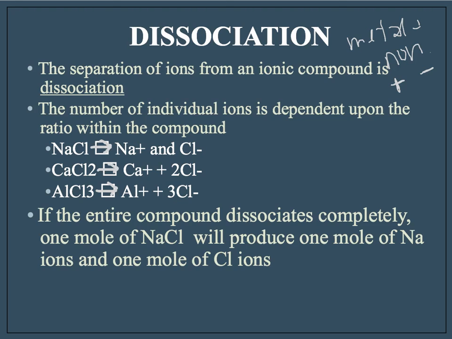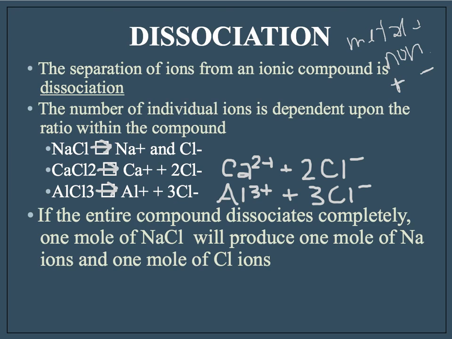But with calcium chloride, because calcium has a charge of 2+, you get calcium 2+, and you get 2 chloride ions in that dissociation reaction. Aluminum chloride, because it's a 3+ charge, you get an aluminum ion and then 3 chloride ions. So the ratios, again, are dependent upon the charges of each of those ions.